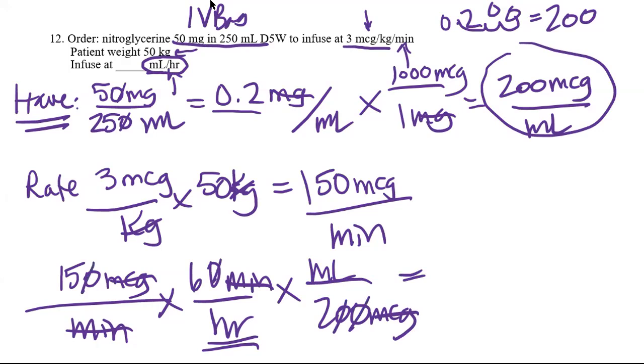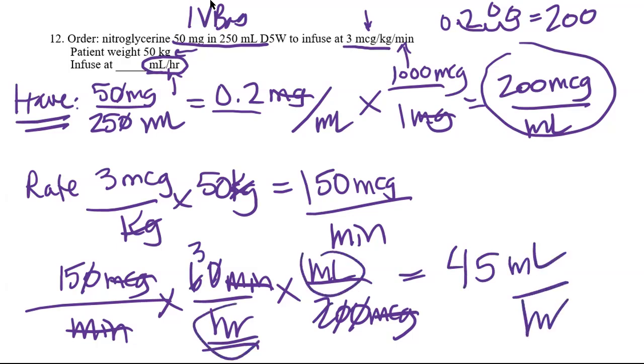So you've got 15 times 6 divided by 2, or 15 times 3, which is 45. You don't even need a calculator for that one. That's mLs per hour, and that's your answer.